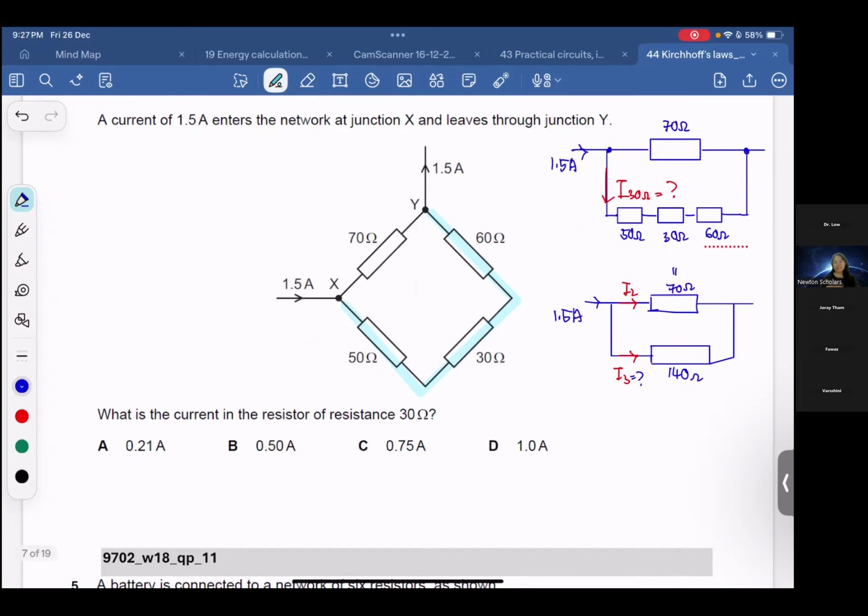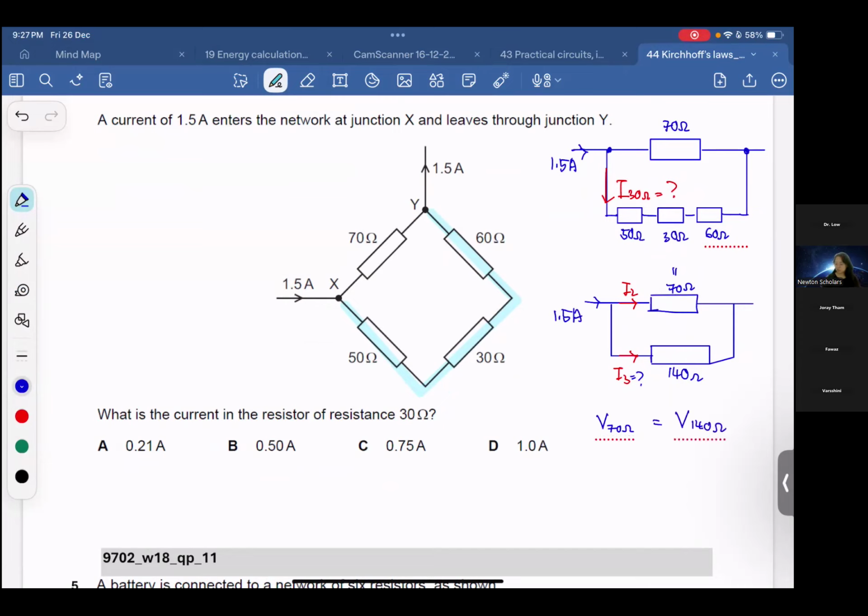I already drew out the diagram, trying to simplify the diagram. So here, Kirchhoff's first law. We know 1.5 is equal to I2 plus I3. Now we want to find I3. We know that the voltage for 70 ohm equals the voltage for 140 ohm, am I right?